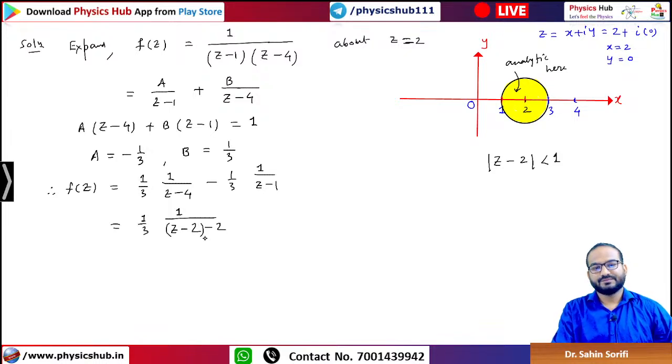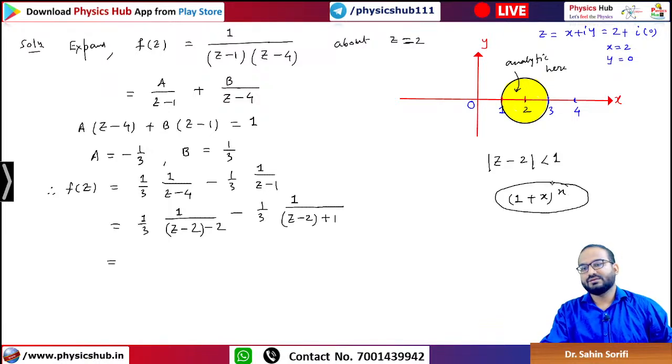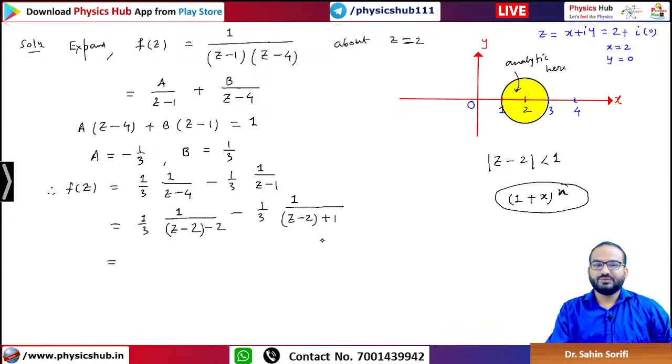Can you write it in this way? Minus 1/3. z minus 1 is there, so we can write (z minus 2) plus 1. Now you need to format it in the form 1 plus or minus x to the power n. In this format you need to bring it. There may be plus or minus, so here also there may be plus or minus. So if you want to make it, let's say, 1 minus something, what are you going to do?